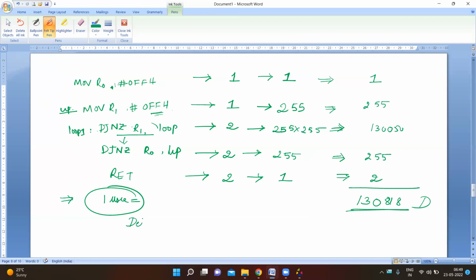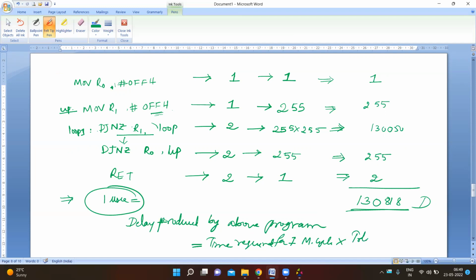The delay produced by the above program is equal to the time required for one machine cycle multiplied by the total number of machine cycles, which is equal to 1 microsecond multiplied by 130818, which is equal to 130818 microseconds.